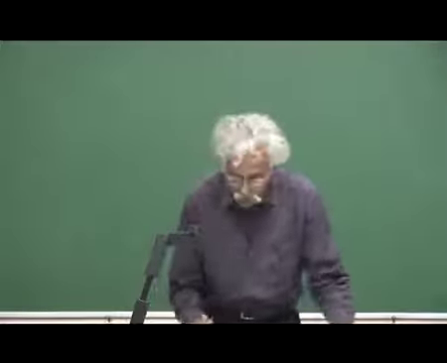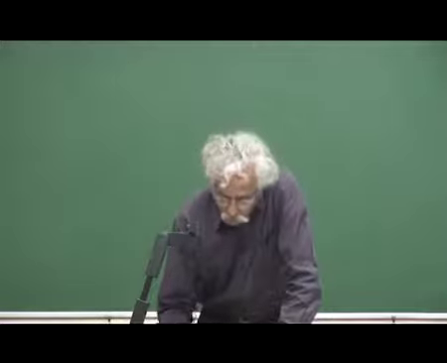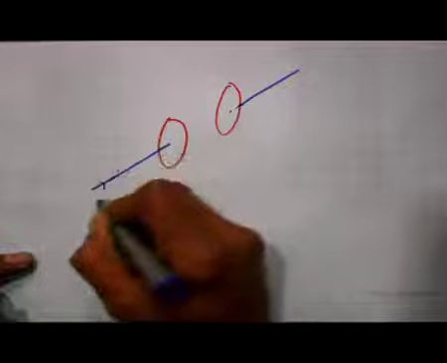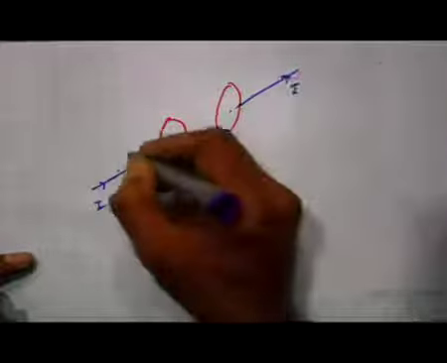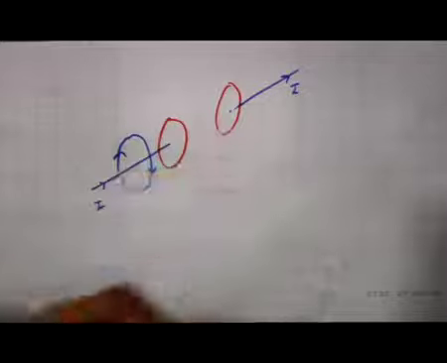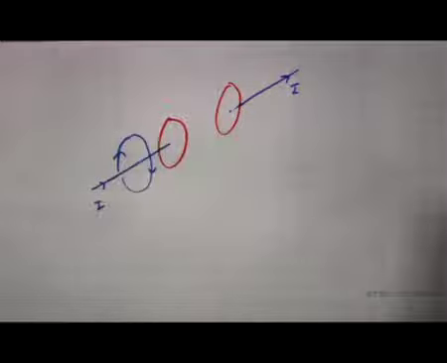Just to be a little more specific, let me take a surface. Here is my current carrying wire, current is flowing like this, flowing out, that is my loop of integration, and I take a surface which looks something like this.